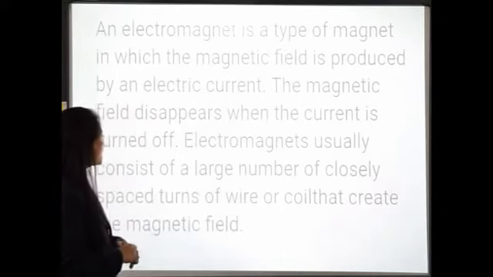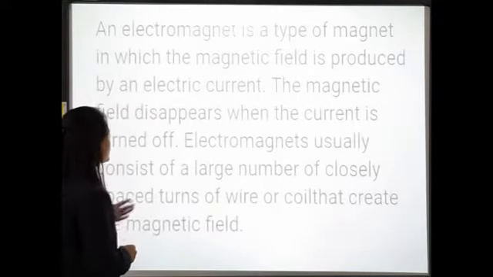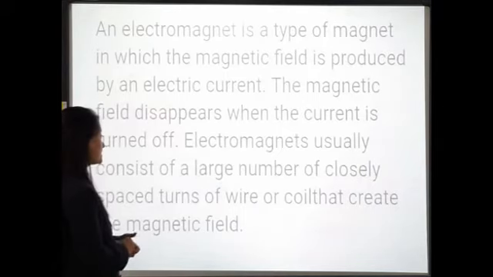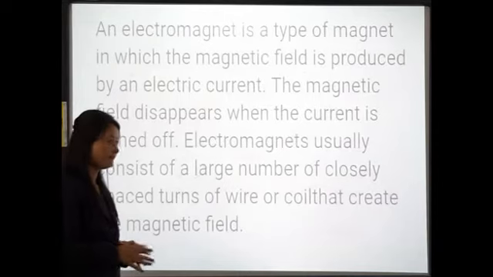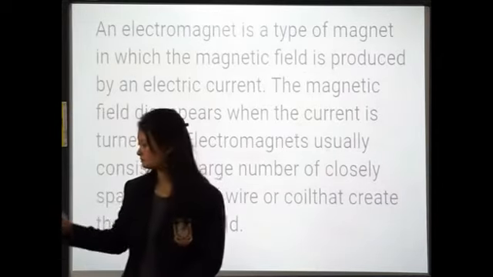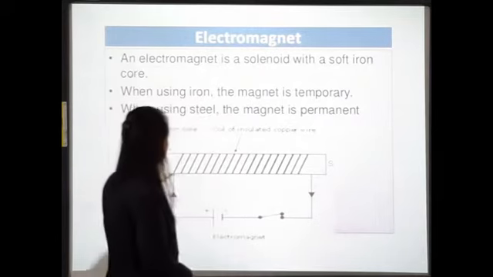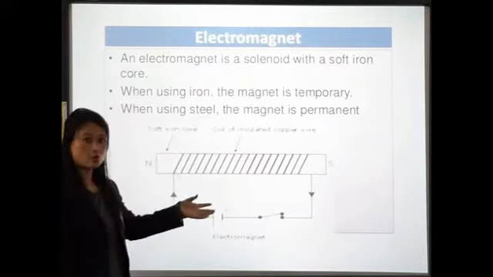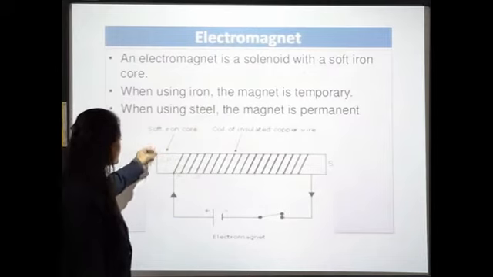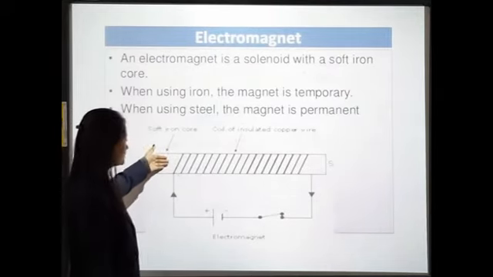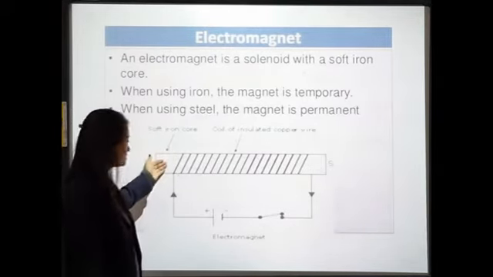So electromagnets usually consist of a large number of closely spaced turns of wire, or a coil, that creates the magnetic field. Now you can see here, we take an iron core or iron bar or anything which is made up of iron or steel, and here an iron core is used.